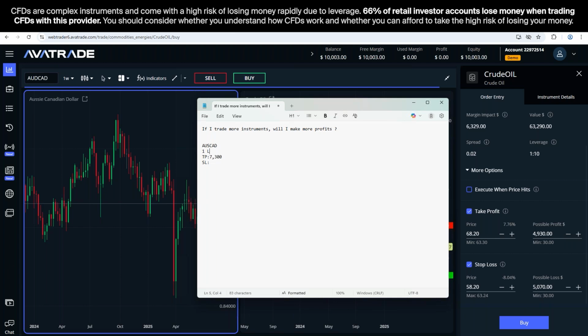7,300. That was one lot. That was also a buy. So this is what we could have made, right, or lost. This is one position, and we said another position with oil. Same thing, buy, also one lot.